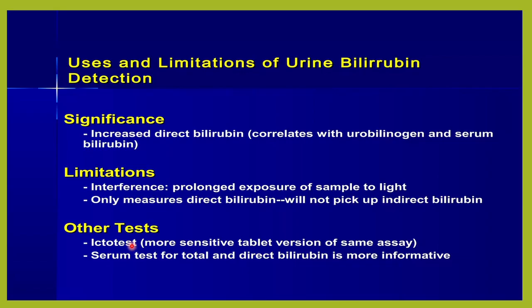But remember that no normal urine sample in a healthy individual will contain bilirubin. If at all bilirubin is present, it indicates there is some problem with the liver or the biliary duct. So that has to be investigated further.